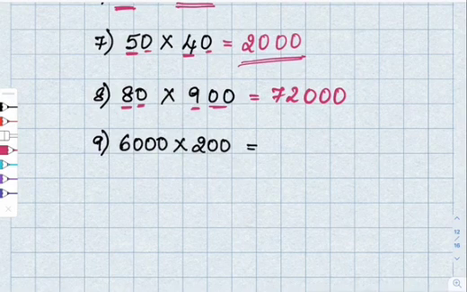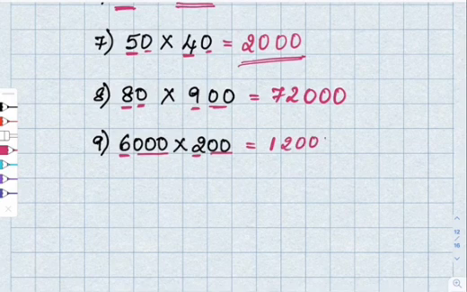Here also what we will do is multiply the first two digits, 12. Just write all these zeros. We will have 5 zeros. So this is nothing but 12 lakhs.